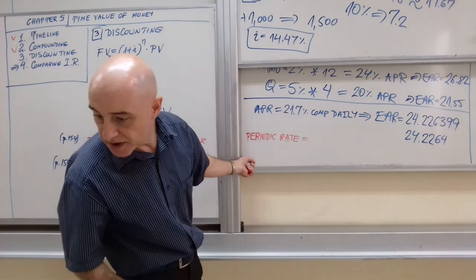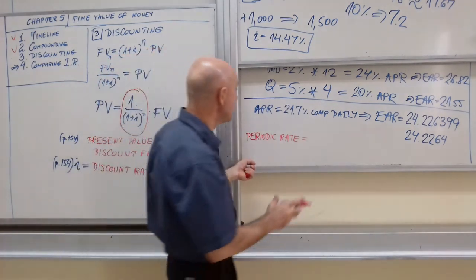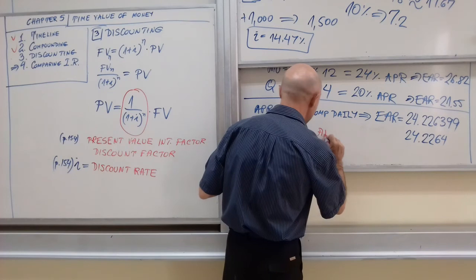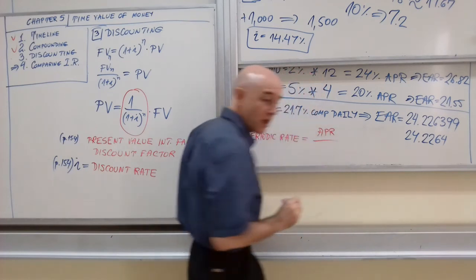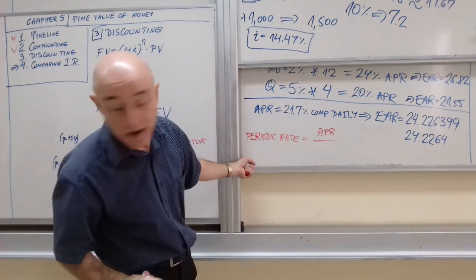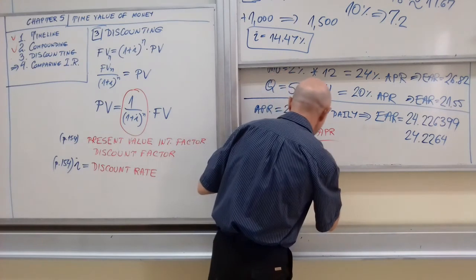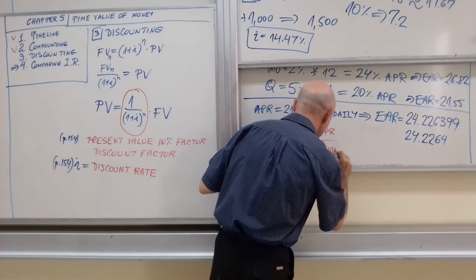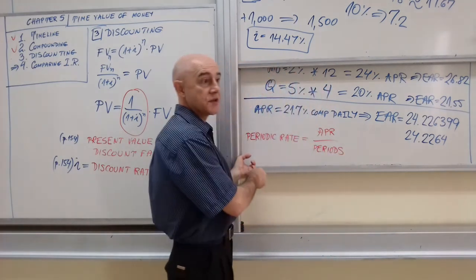Periodic rate's got to be the quoted annual rate. It's the same as APR divided by the number of periods.